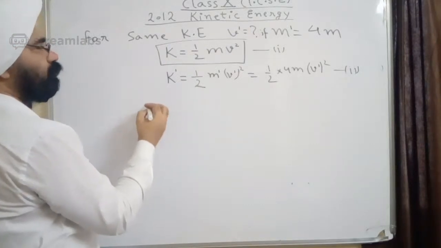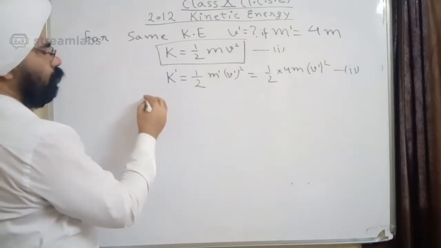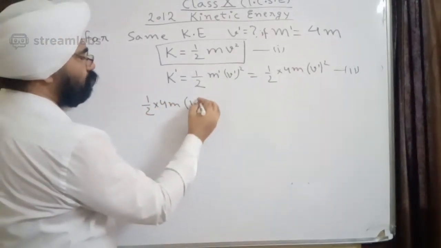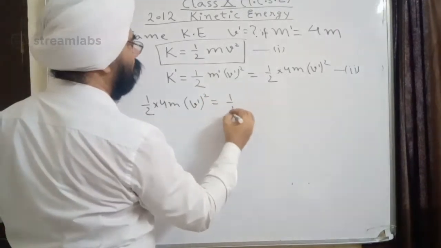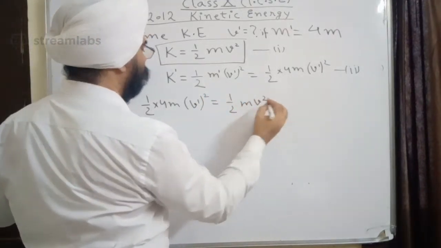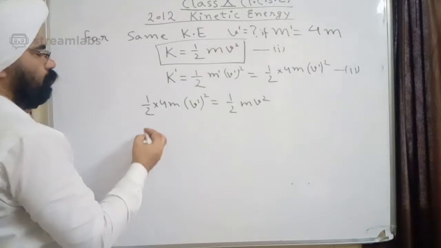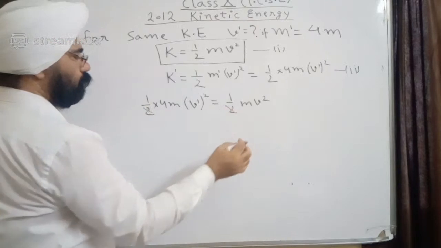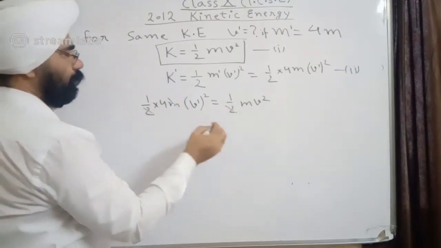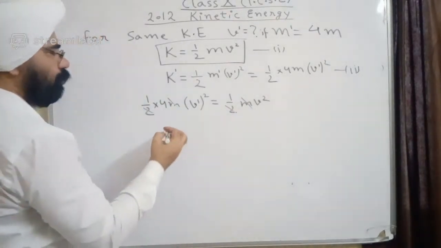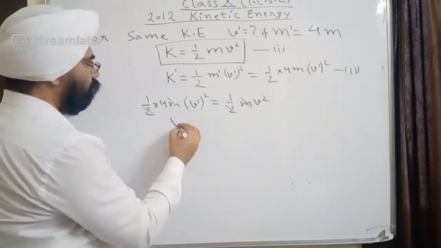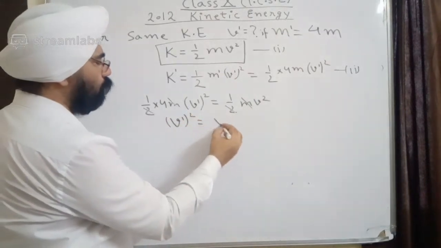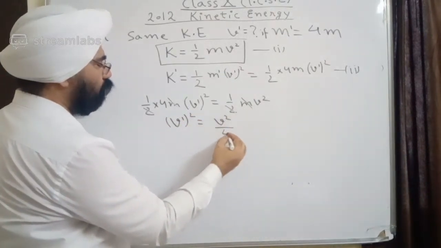So from 1 and 2, 1 by 2 into 4m v dash whole square is equal to half m v square. So what cancels? This 2 cancels, this m cancels. What are we left with? We are left with v dash whole square is equal to v square by 4.